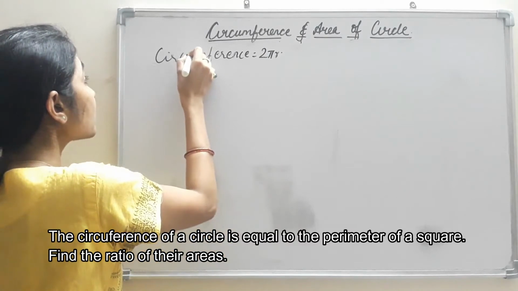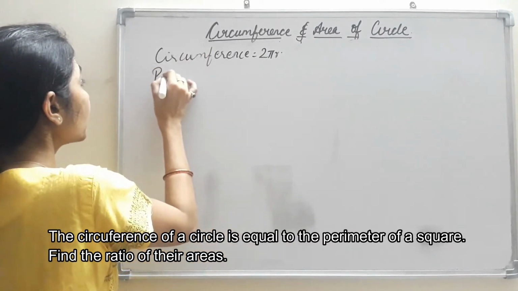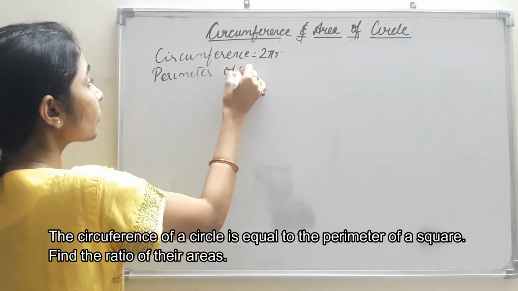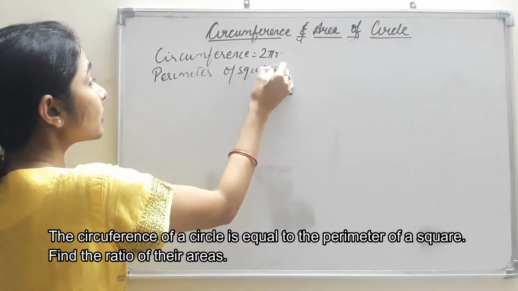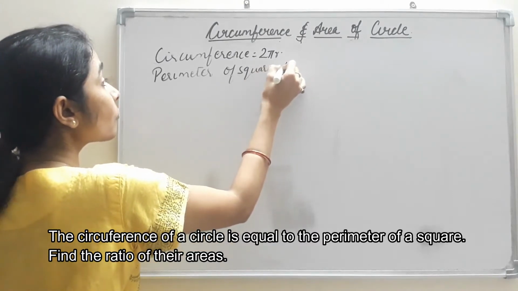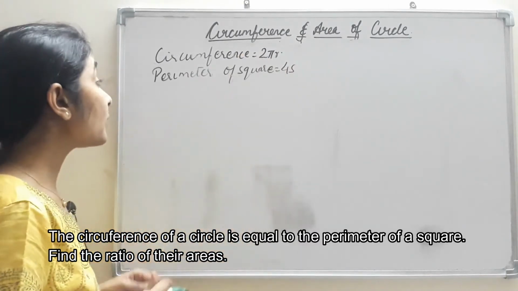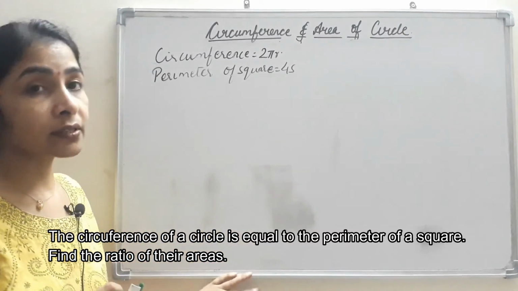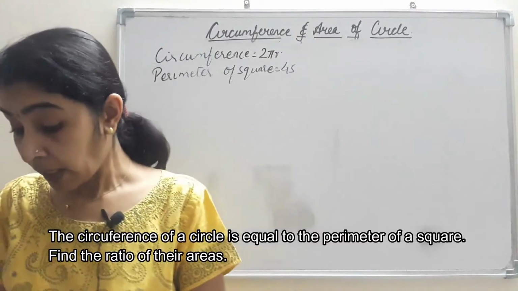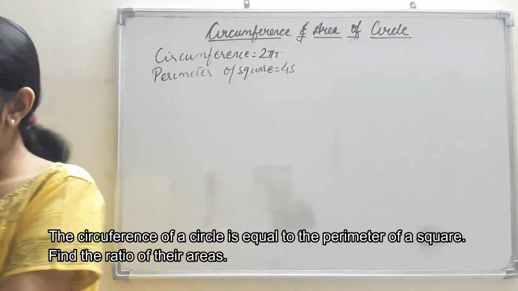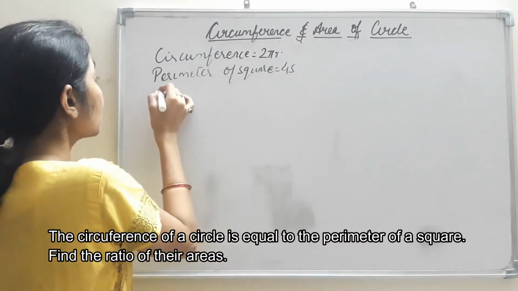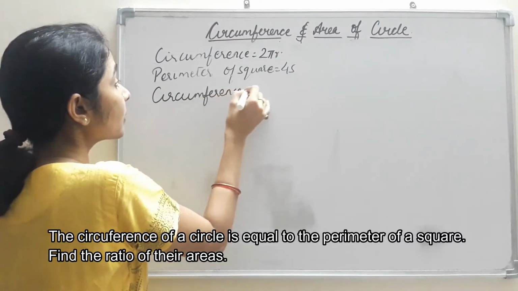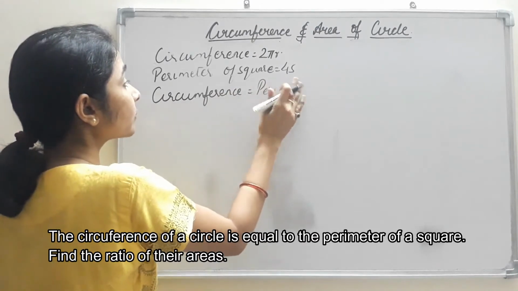Now it is equal to the perimeter of a square. So perimeter of square is equal to 4 into side. Now the next thing that is given to us is the circumference is equal to the perimeter.